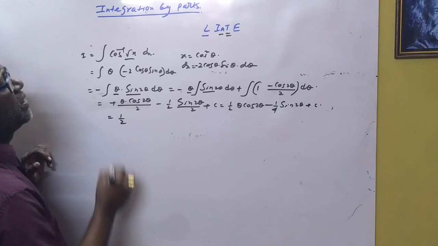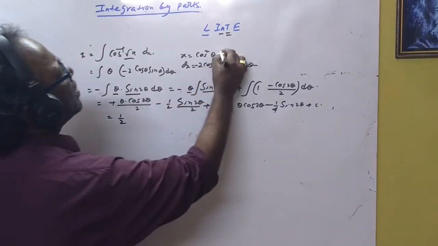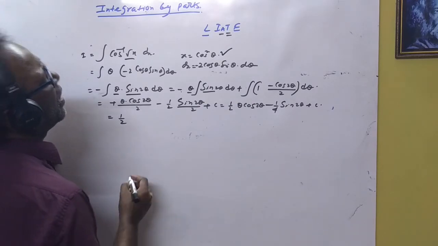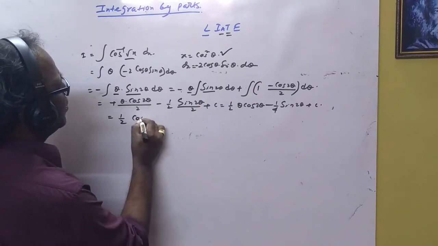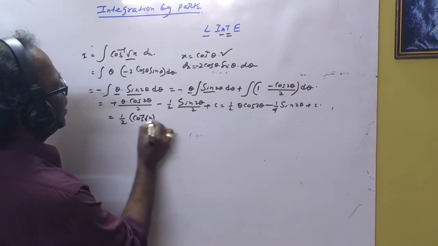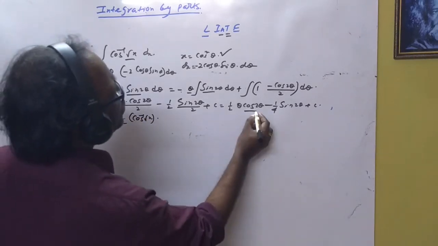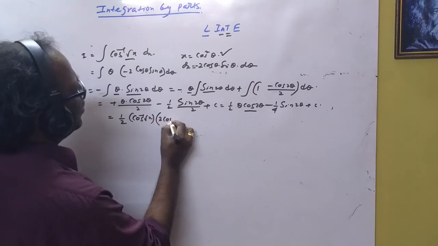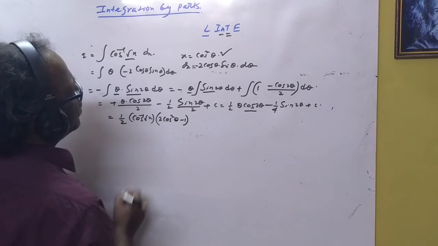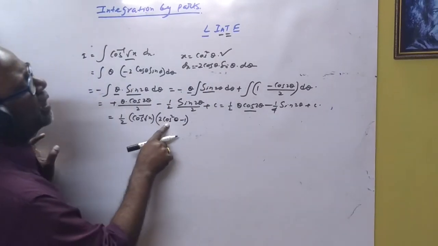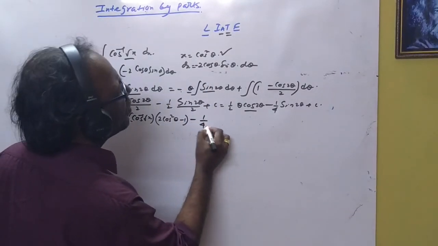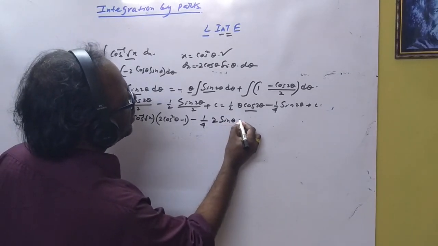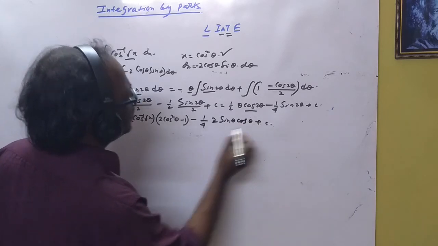That is half theta, where theta means cos inverse root over x. Okay, and this is cos 2 theta. We can write here as 2 cos square theta minus 1. So we can put easily here x. Okay, and this is 1 by 4, and this is here 2 sin theta cos theta plus c.